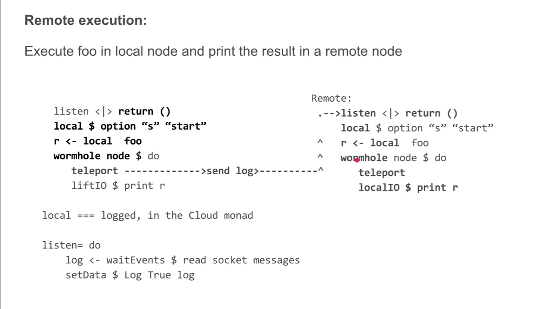Then it executes wormhole, which must do nothing in the remote node. Teleport must do nothing in the remote node, and it executes this because there are no more entries in the log. So this is really executed, and what this does is print the error that we generated in the local node. That's the way we execute. We continue in a remote node what we started in the local node.